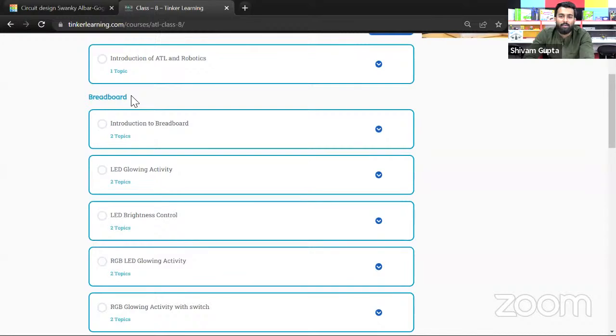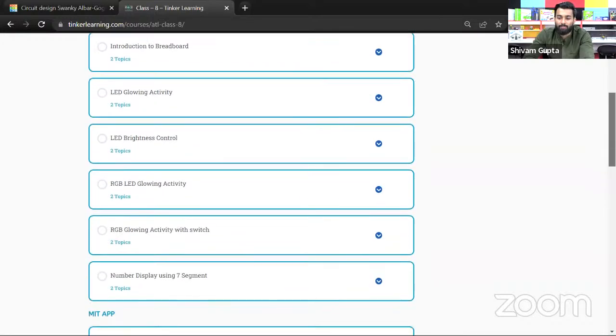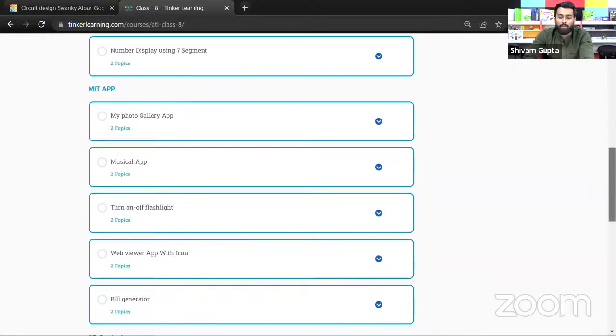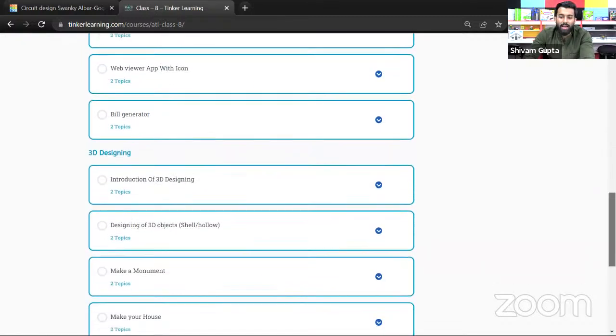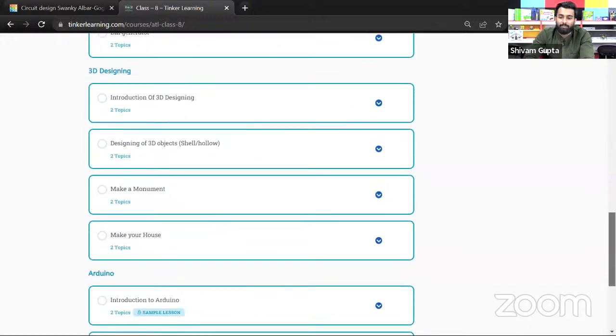And here after breadboard, we have MIT app. So you can learn about MIT app, that is how you can make different kinds of apps. Also, we will be having our upcoming sessions on app inventor as well. So stay tuned. Okay. After that, here we have 3D designing.